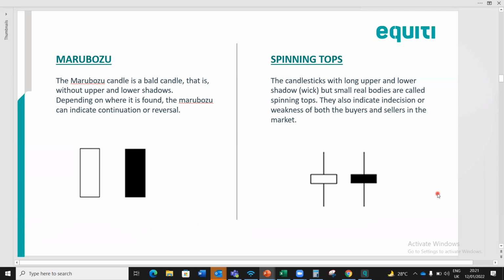Now, they also indicate indecision or weakness of both the buyers and sellers in the market. So whenever you see the spinning tops, one of the things that should come to your mind is indecision in the market. Or it tells you that the strength of the buyers is getting to exhaustion, or the strength of the sellers is getting to exhaustion.